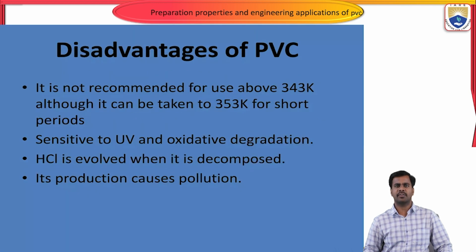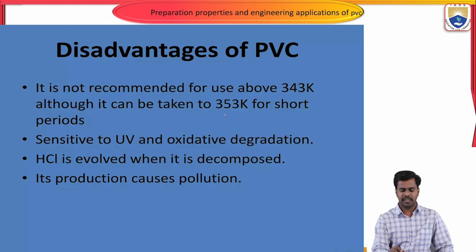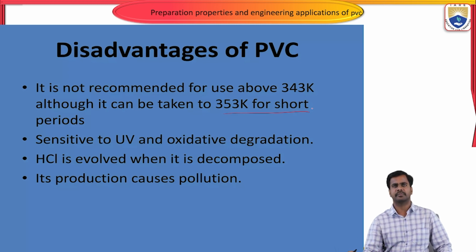And coming to the disadvantages of PVC, it is not recommended for use above 340 Kelvin temperature, although it can be taken to 353 Kelvin for short periods. It is very sensitive to UV and oxidative degradation.